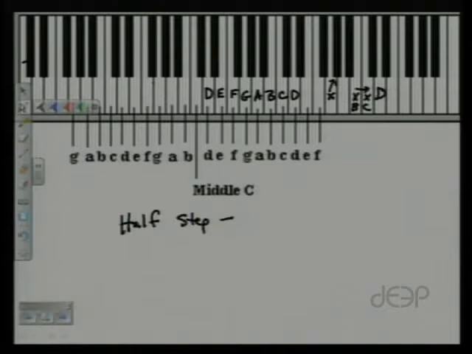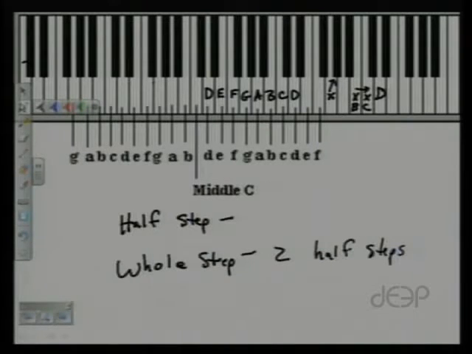The next vocabulary word we have is a whole step. Now, a whole step, by definition, is 2 half steps. Okay? So a whole step would be, let's say, from this F, that would be a half step, and that's another half step.